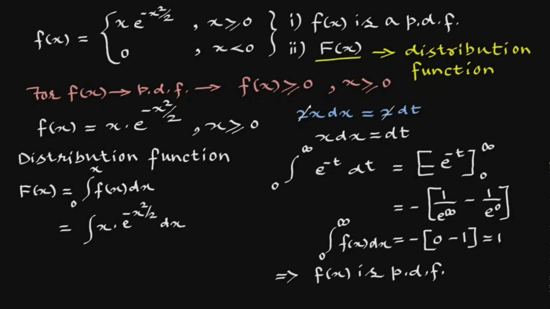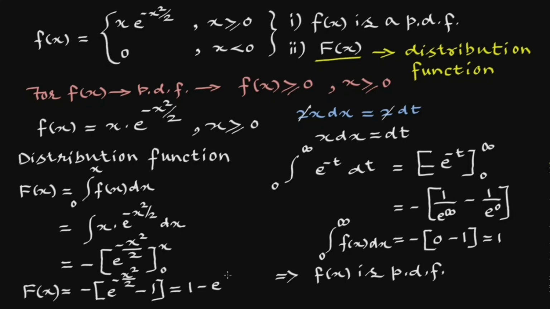As calculated before by method of substitution, this will be minus e raised to minus x square upon 2 from 0 to x, which is minus e raised to minus x square upon 2 minus e raised to 0, that is 1. So finally capital F(x) will be 1 minus e raised to minus x square upon 2, where x is non-negative.